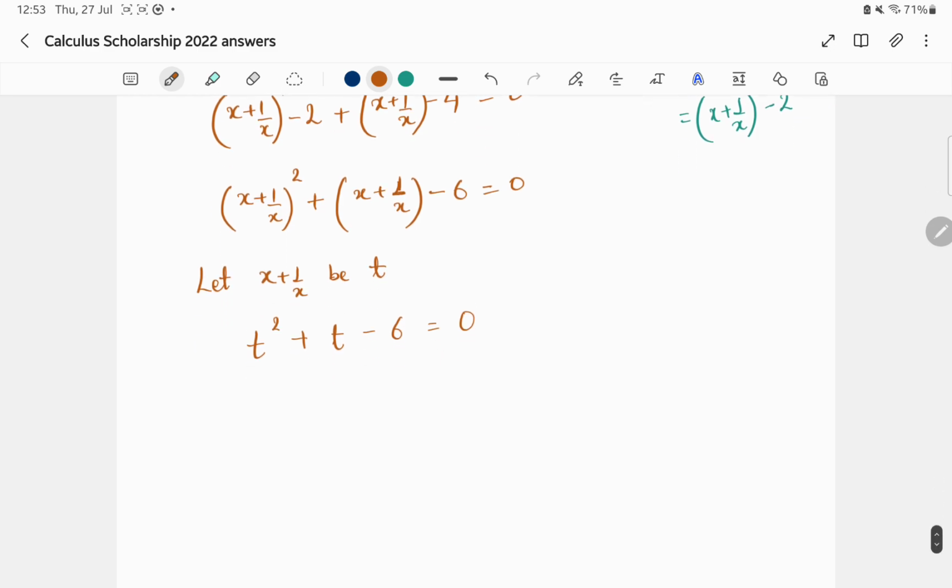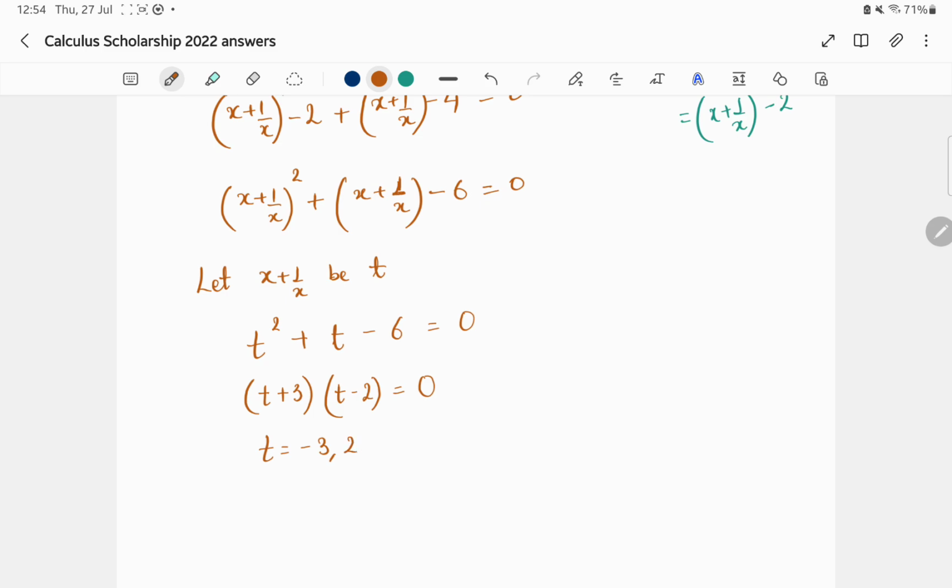All right, so if we factorize this, we are going to get t plus 3 and t minus 2 is equal to 0, because 3 times minus 2 is minus 6, whereas 3 plus minus 2 is 1. All right, so here the two values of t are minus 3 and 2.